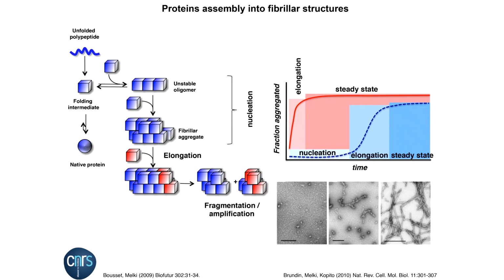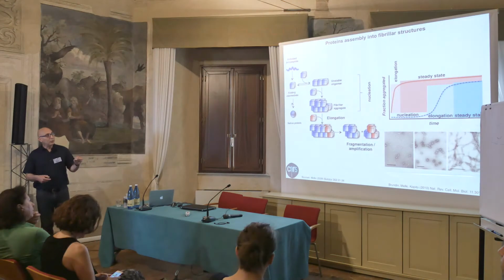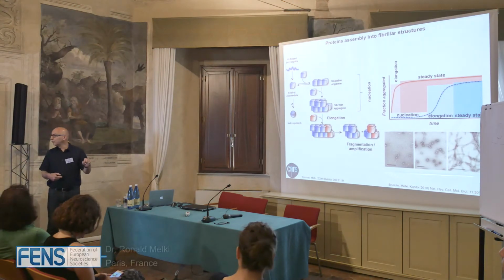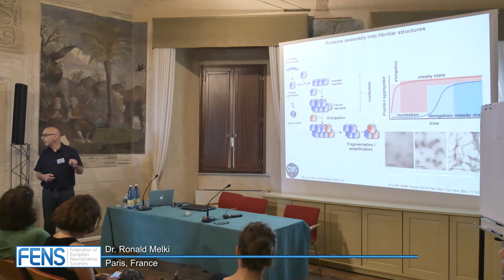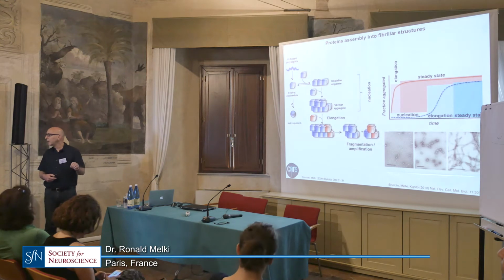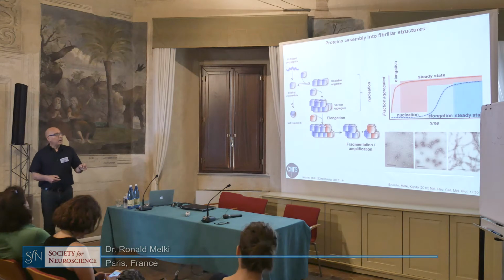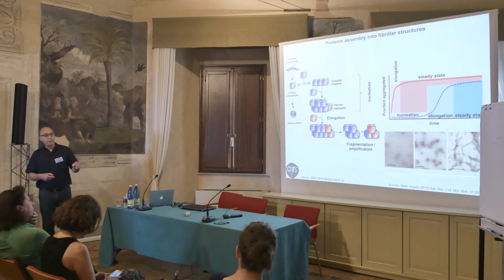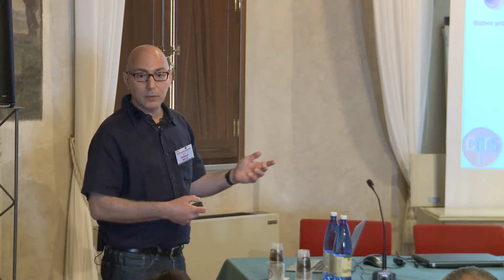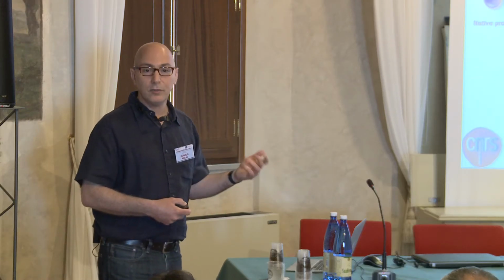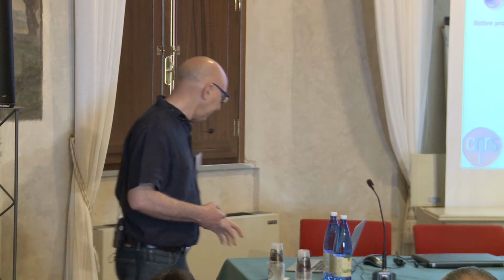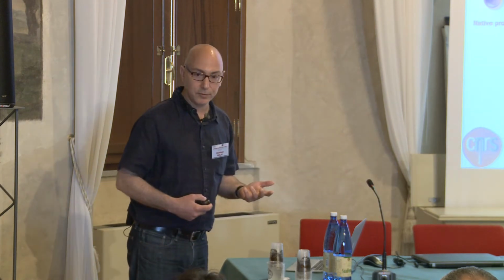Now, if you take these fibrils here and dilute them in a fresh solution, what you abolish is nucleation, meaning that nucleation is the critical step, the limiting step. And then you have an explosive assembly, elongation, and steady state, again, because you have a given concentration in your test tube. So it's a seeded process.